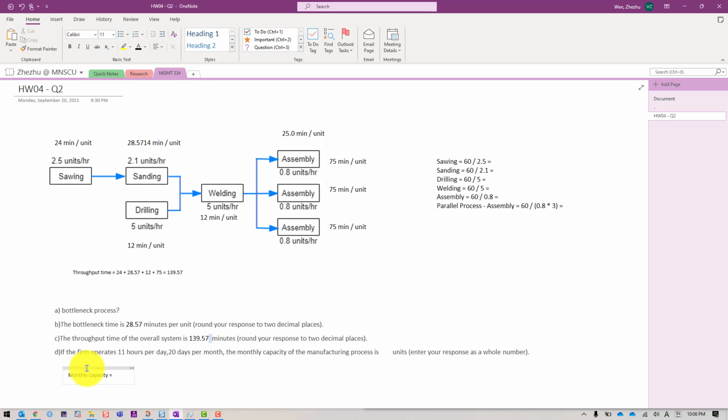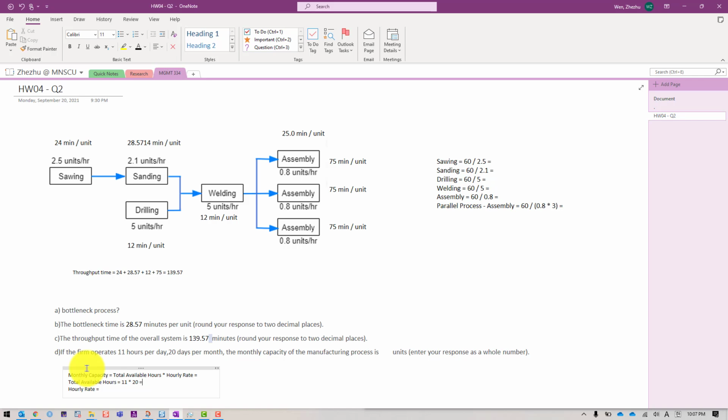To get monthly capacity, we need to know the total available hours, and we also need to know the hourly rate, which is our capacity, right? Then you multiply total available hours with the hourly rate. That gives you the monthly capacity. So what is the total available hours? It operates 11 hours per day and 20 days per month.